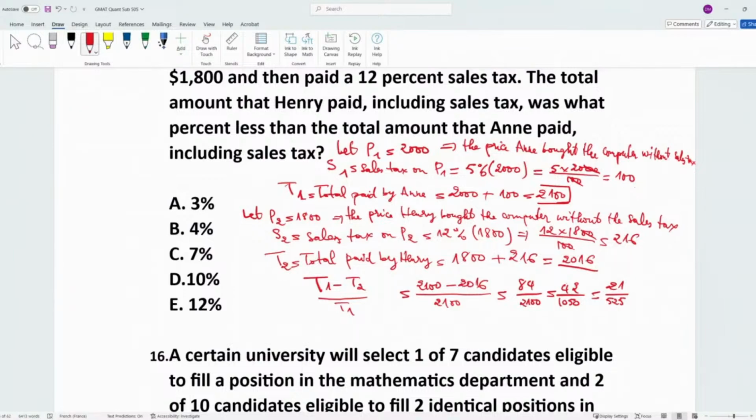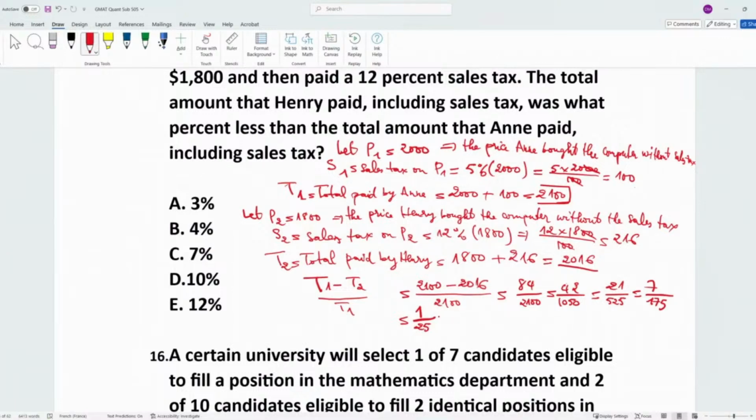This is divisible by 3. This is also divisible by 3. So if we divide by 3, we have 7 over 175. If this is divisible by 7, then we will get 1 over 25.